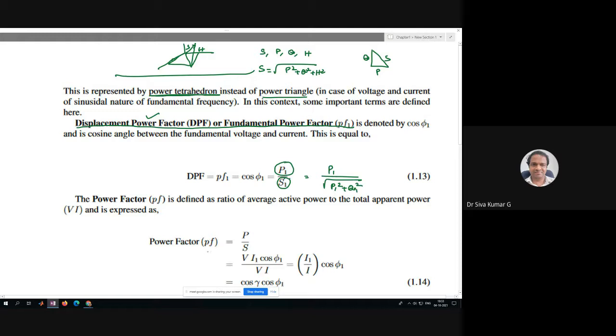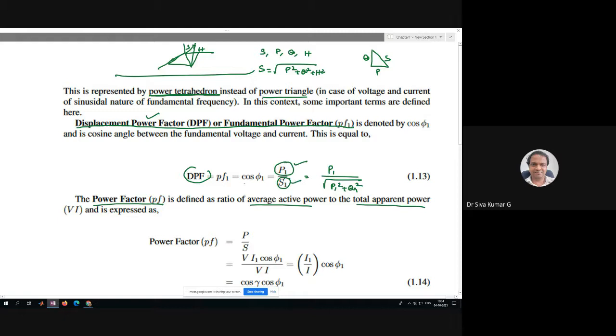Okay, with respect to the above discussion, that is, voltage and current where the fundamental voltage and current have harmonics, there is a power factor, which is a measure of the average active power to the total apparent power. Whereas in the earlier case, the displacement power factor is related to the fundamental active power only, the ratio of the fundamental active power with respect to the fundamental apparent power.